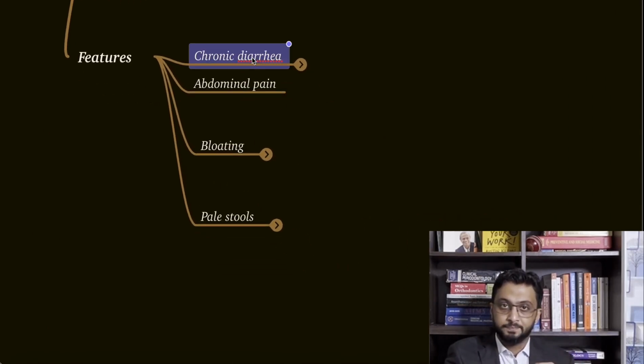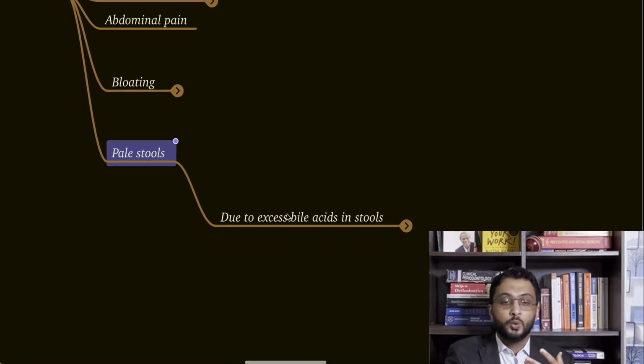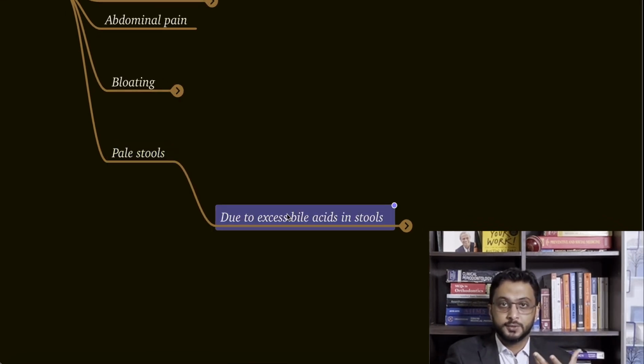Chronic diarrhea, because the bile acids are released. Abdominal pain, because digestion is not taking place. Bloating, again a digestion problem. And pale stools, the key feature, due to excess bile acids in the stools giving that pale yellow color.